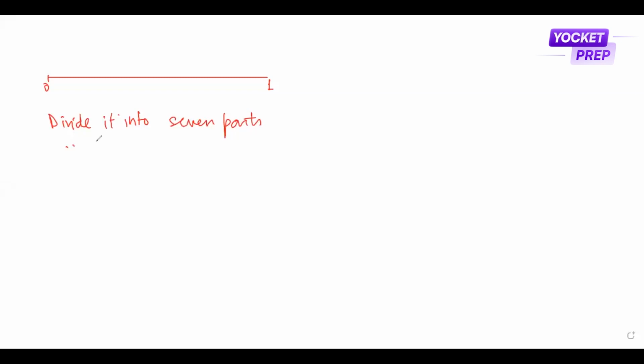And also divide that same line into 5 equal parts. 7 equal parts and 5 equal parts. Note that this is a number line, where every point has a value. For example, this value would be half, something like that.